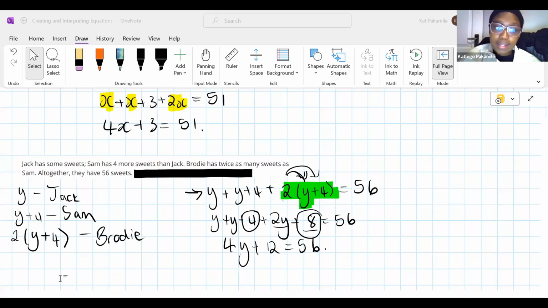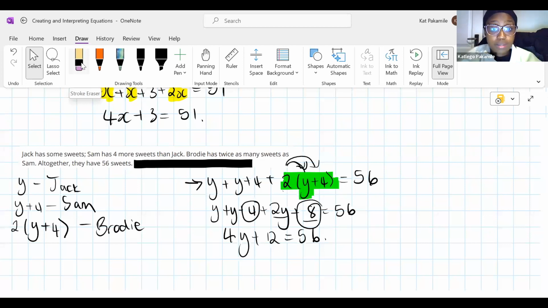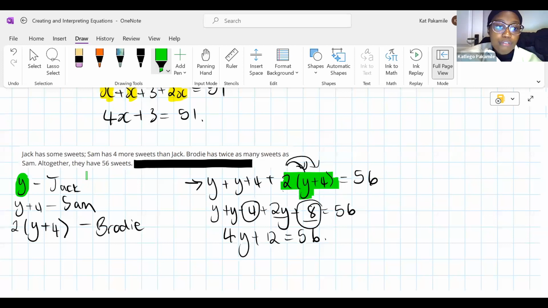Rasefo, you can't miss the whole question. Listen, okay, guys, this is the last time I'm going to read the question. It says Jack has sweets. We don't know how many there are, right? So we chose to use Y. You could have used X for an unknown or A or M, but we chose to use Y, okay? And then it says, Sam has 4 more sweets than Jack.